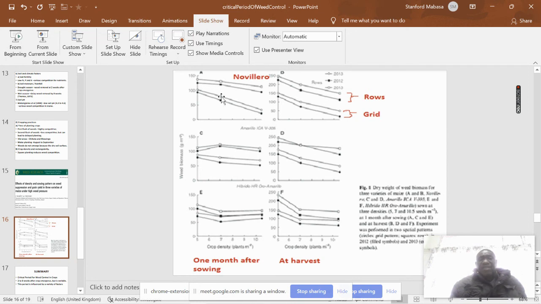This was quite dramatic in this variety. Even at harvest, the weeds showed a decreasing trend. But of course, with these other varieties, they are not as dramatic as this variety. So we've got this variety which is not that responsive. So you can choose a variety and a density which can actually decrease weeds, and you may not have to weed.